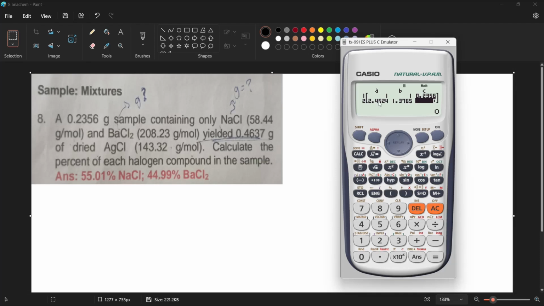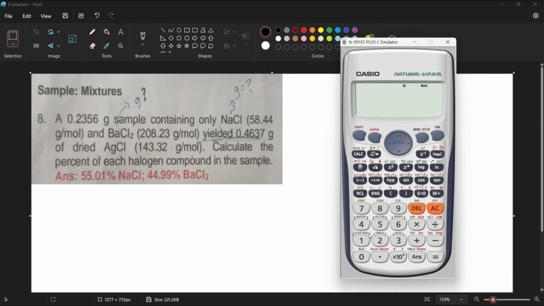And then here we put the yielded mass after the transformation into dried AgCl, which is 0.4637. Since our equation is already set up, we'll just press the equal sign once more.